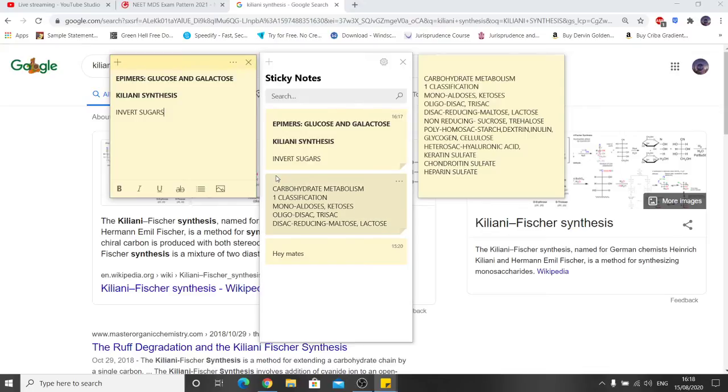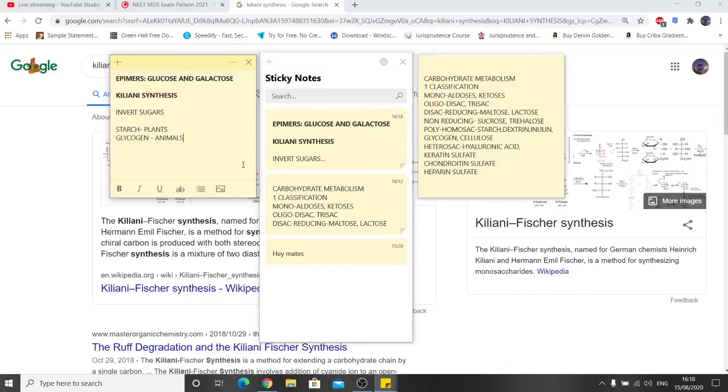Starch and glycogen are carbohydrate reserves of plants and animals respectively. So starch, the reserve of plants; glycogen, of animals.